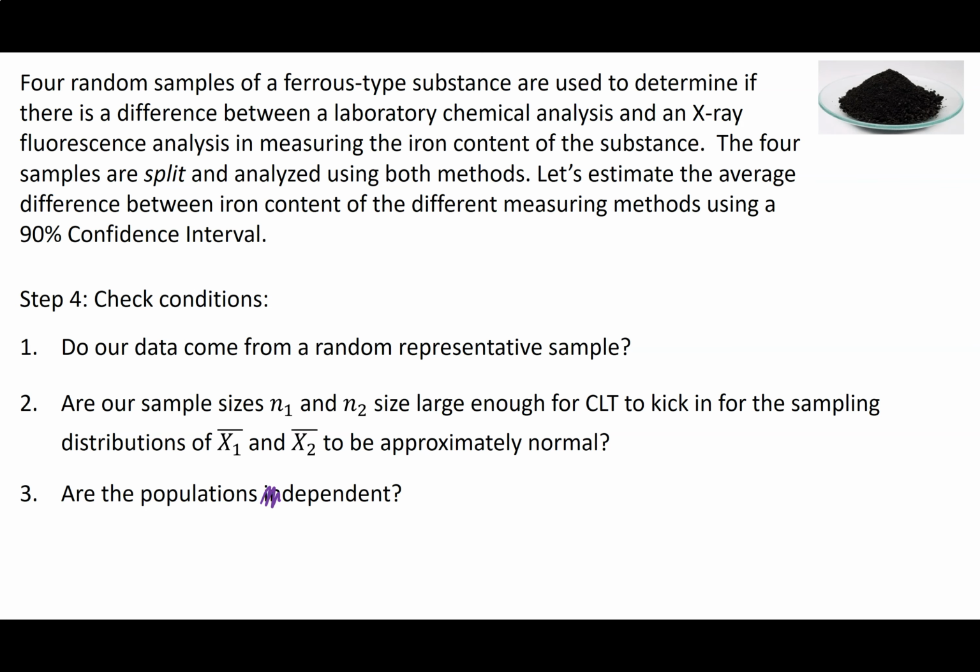They tell us that it's 4 random samples. So yes, that's okay. We do have random samples. And this is the hazard of copy and paste, you might see. Do we have a large enough sample of differences here? Depends. nD is equal to 4.